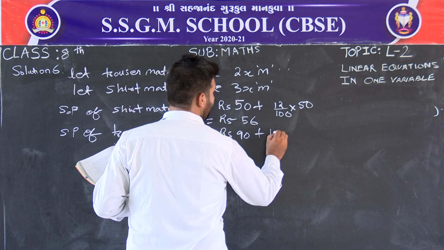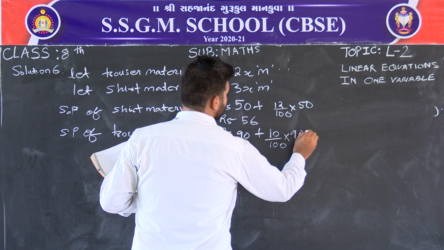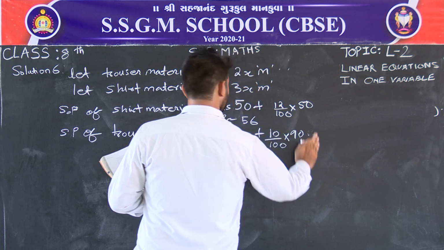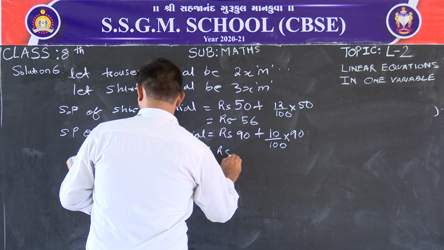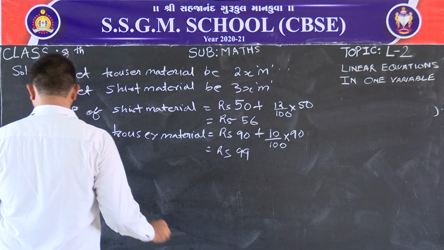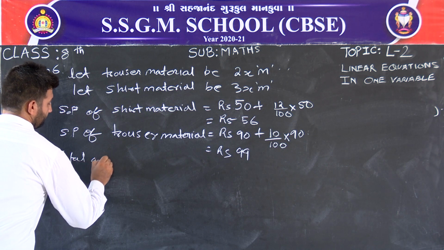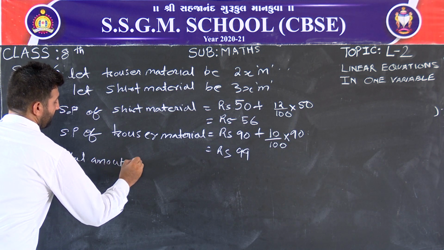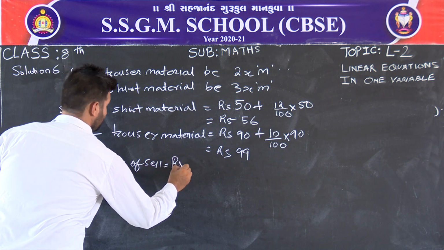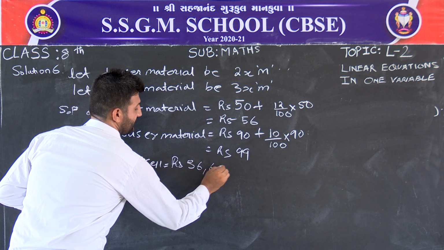So we also add 10% of rupees 90, it will become rupees 99. So total amount of sale is rupees 36,600.